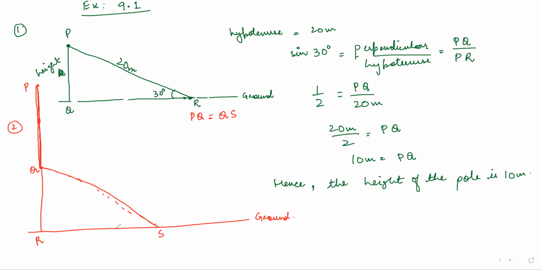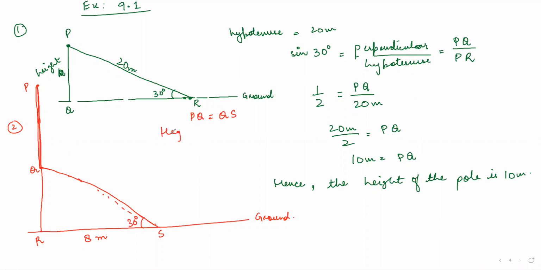Okay. And making an angle 30 degree. So it has made an angle of 30 degree with the ground. The distance between the foot of the tree to the point where the top touches the ground is 8 meter. So from the foot of the tree to here, this distance is 8 meter, given. Find the height of the tree. So height of the tree means, what is the height of the tree?